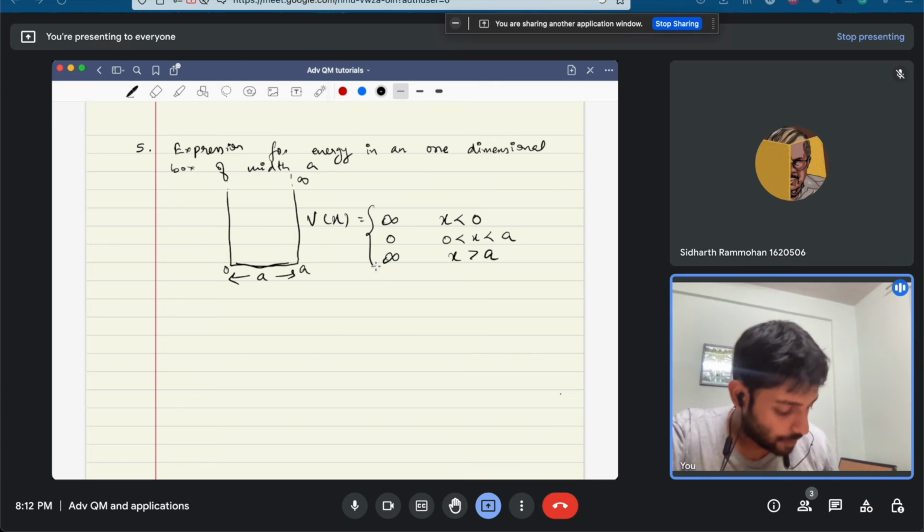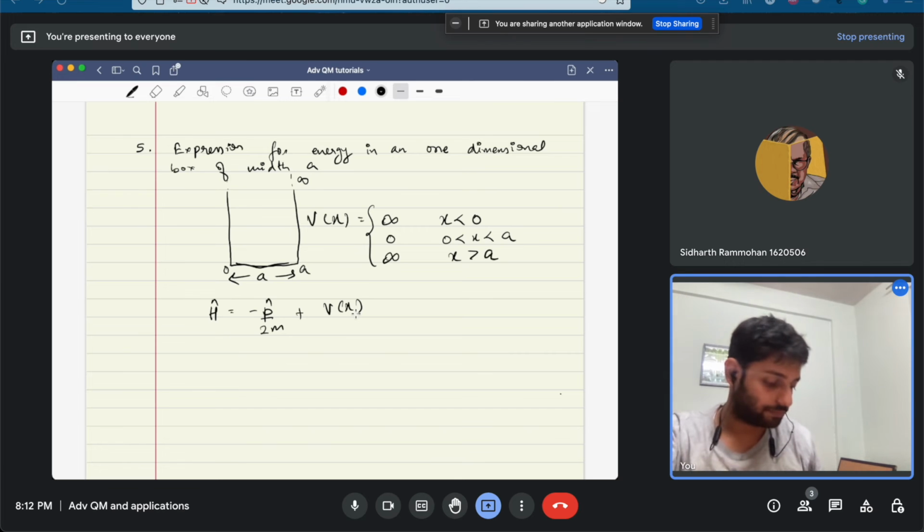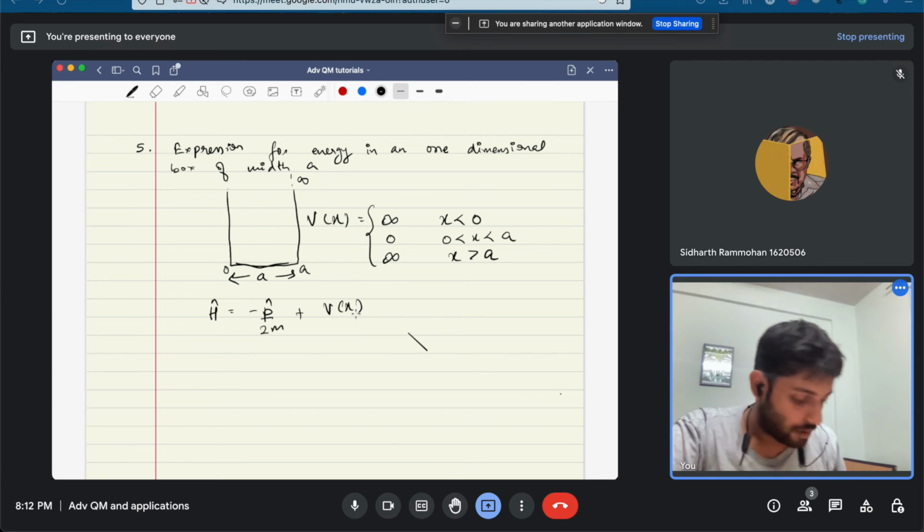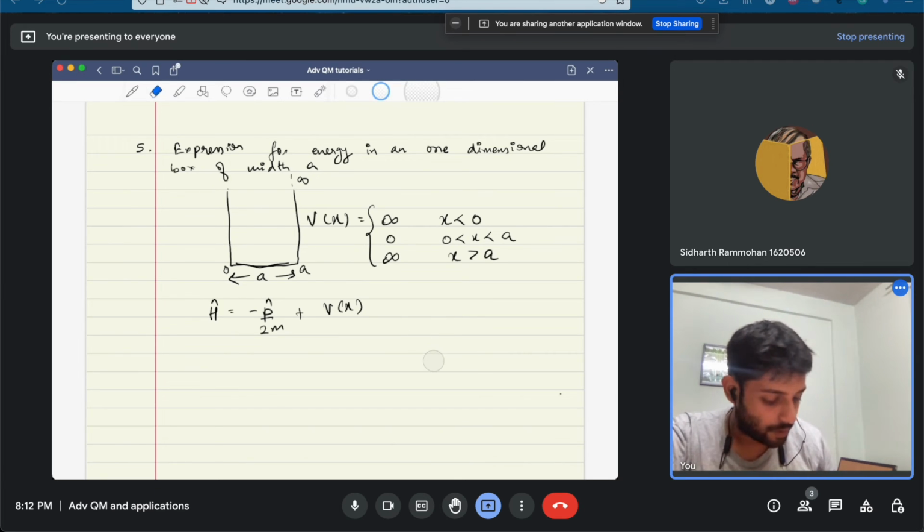So the Hamiltonian that we get is something like p squared by 2m plus V of x. And you can write this in different regions.